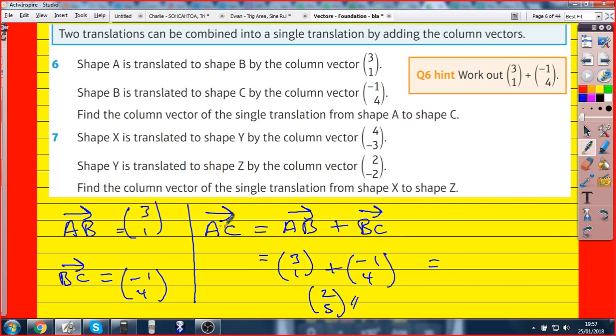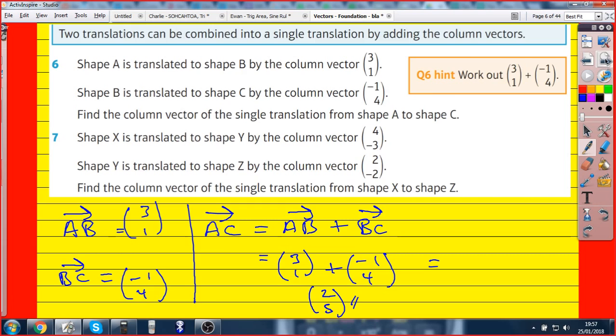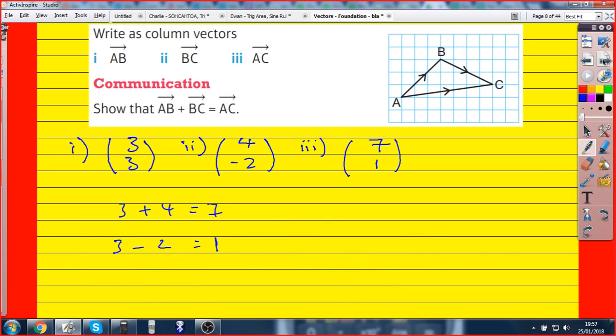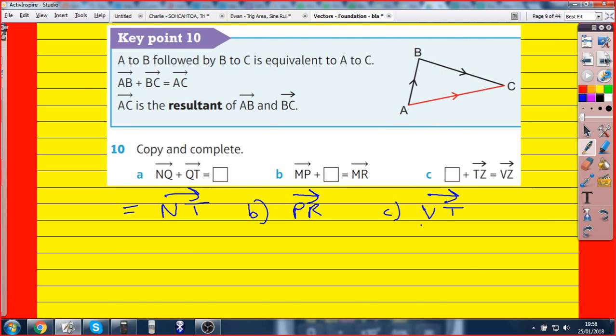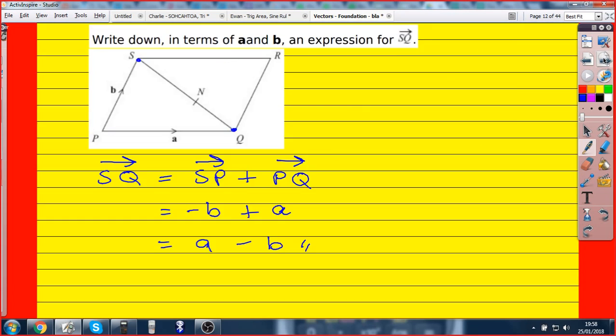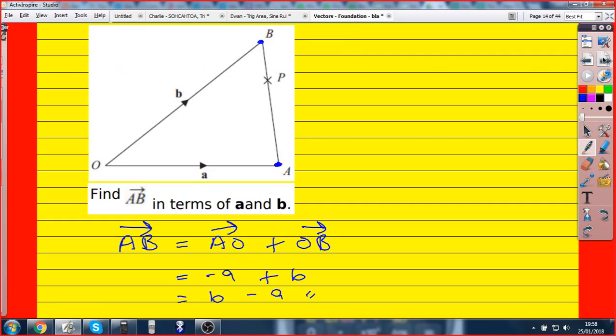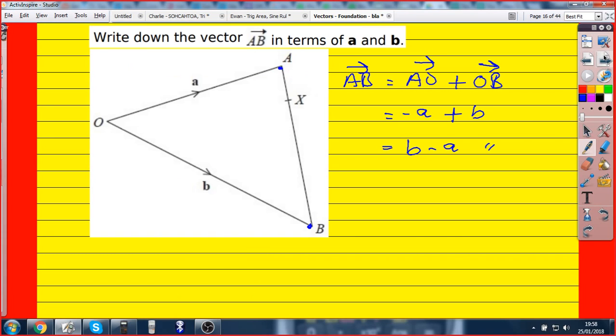So A to C is equal to A to B plus B to C. And then we used that for our exam questions. So S to Q is the same as S to P plus P to Q. And so we just travel along routes that we know. See, we're fine for those.